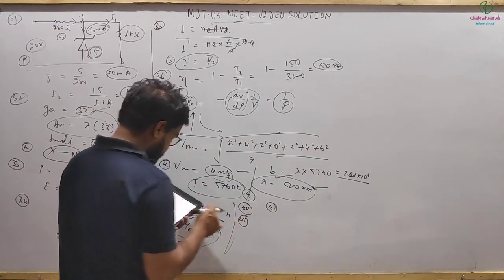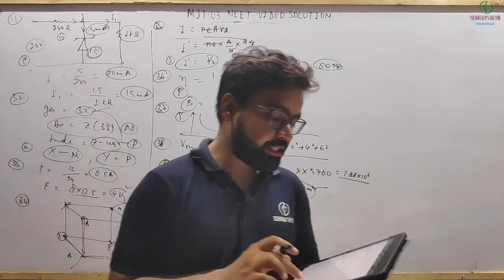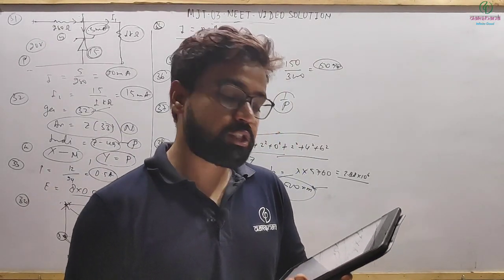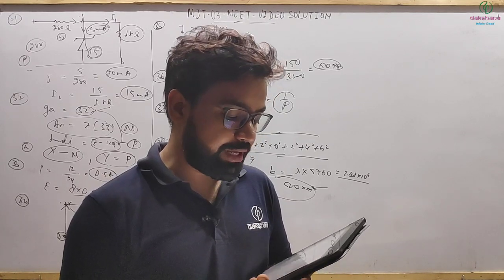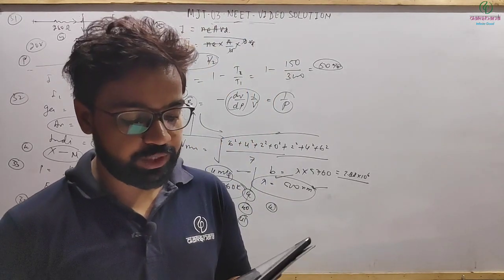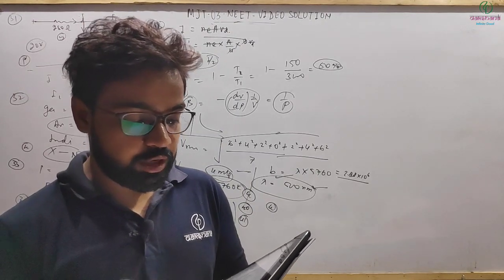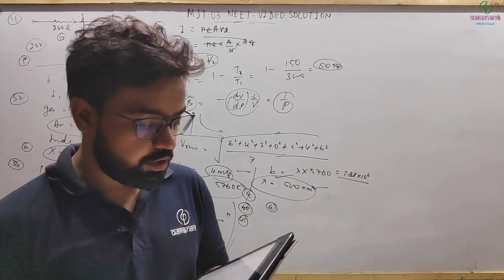Next, question number 41. The half-life of radioactive isotope X is 25 years. It decays to another element Y which is stable. The two elements X and Y were found to be in the ratio of 1:15 in a sample of a given rock. The age of the rock is to be estimated.